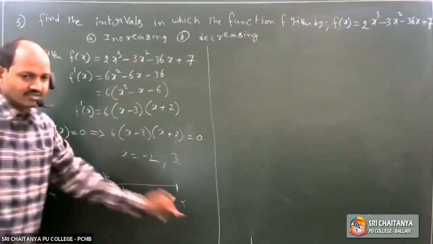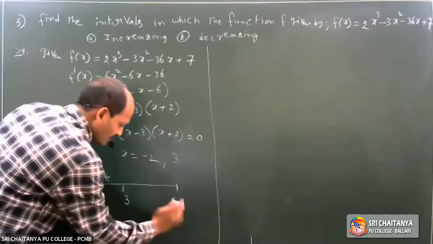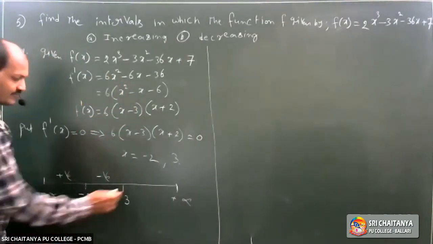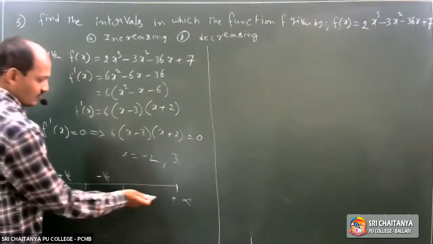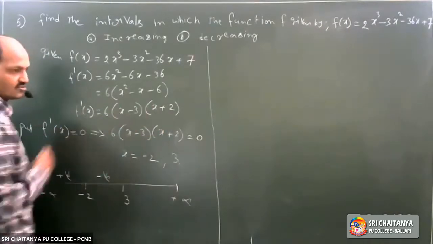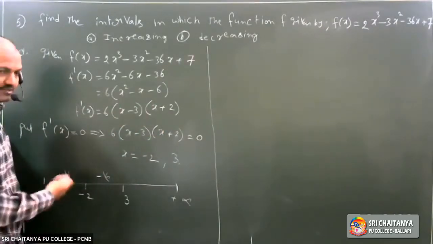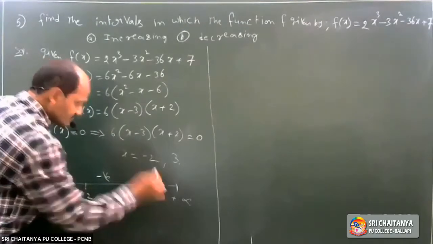Next, 3 to plus infinity: x values 4, 5, 6 and so on. For example, consider x equal to 4. 4 minus 3 is positive, 4 plus 2 is also positive. Plus into plus is positive. So 3 to infinity, we get positive.